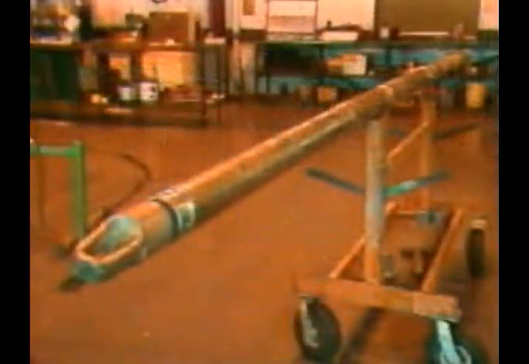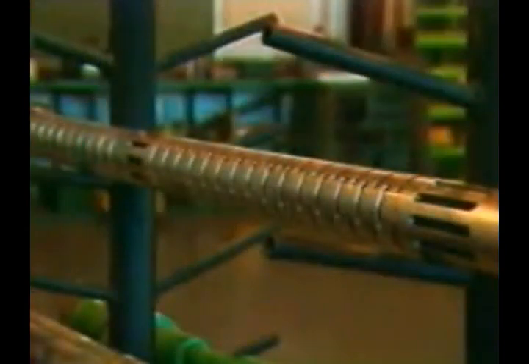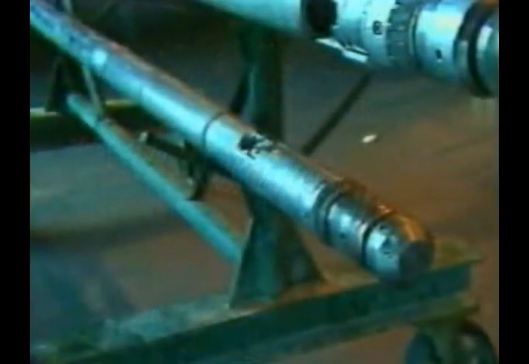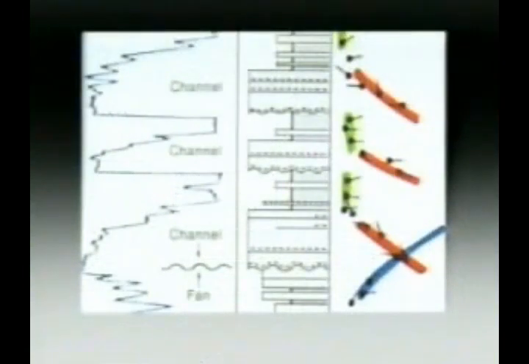Specifically, we'll look at those tools that measure either a formation's electrical properties, acoustical properties, or nuclear properties. In GL403, we'll see how data from various logging tools are combined to produce logs that evaluate specific formation and fluid properties. The final module in the series, GL405, will be devoted exclusively to dip meter interpretation.